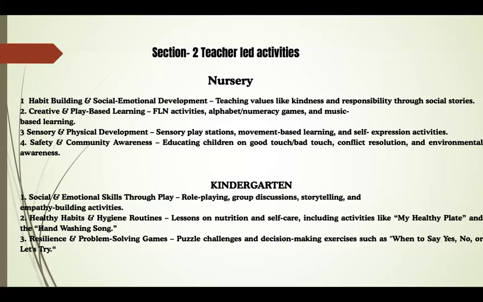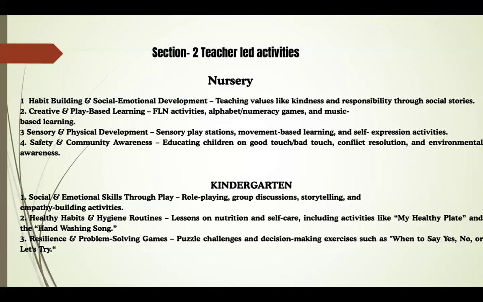And with numbers, you can take skip counting. If it is skip count of 2, whenever a skip count number comes, the child should not say that number. Instead, the child has to say something else, like their favorite food item or favorite animal. In this way you can make it creative, play-based learning.